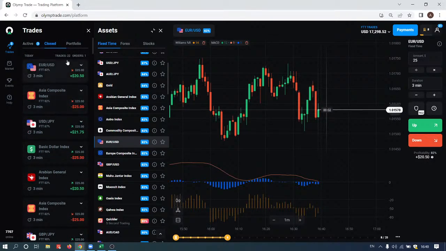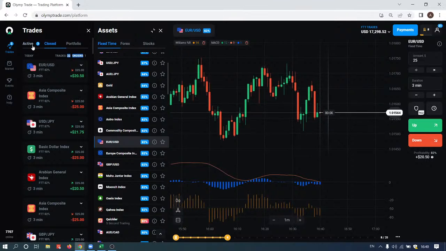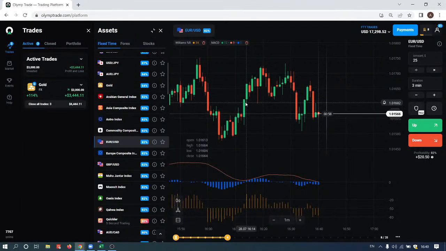So it's 11. No, it's 11, 11. Right. So today my winning ratio according to the strategy is 50%, which is not enough if you use the fixed amount of trade approach.